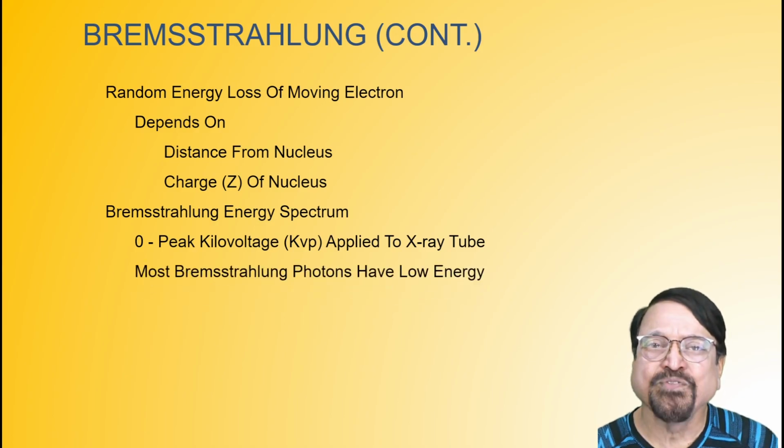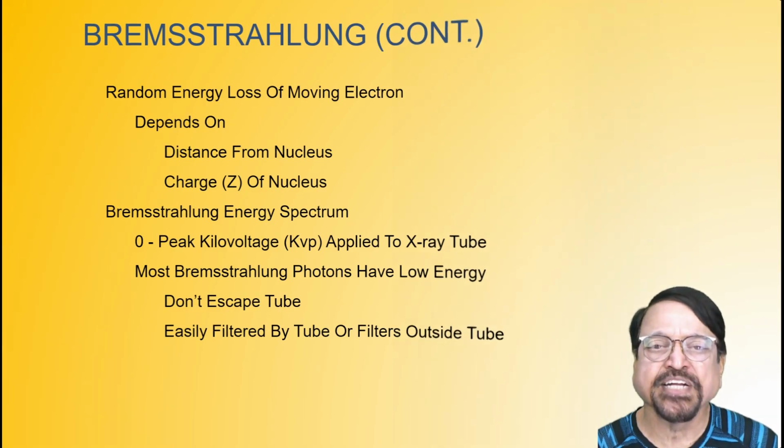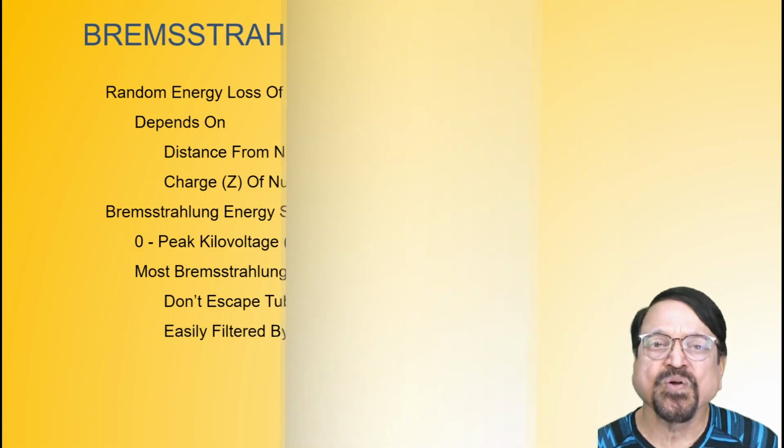Most Bremsstrahlung photons have a low energy and they do not escape the tube. They are filtered; there are different types of filters right from the X-ray production till it reaches our body, and different videos cover this topic. They can be easily filtered by tube filters or outside the tube, so that low energy will not cause a fog or result in a distorted or bad image.